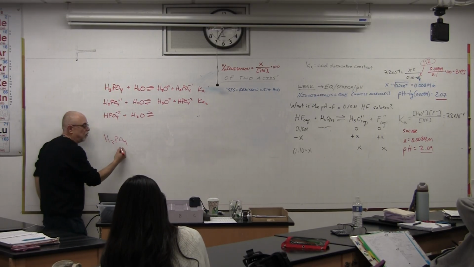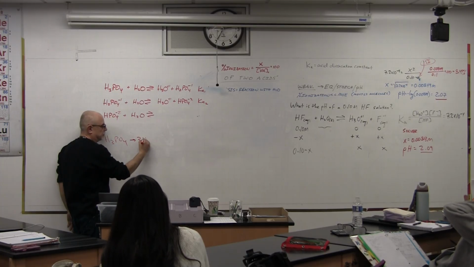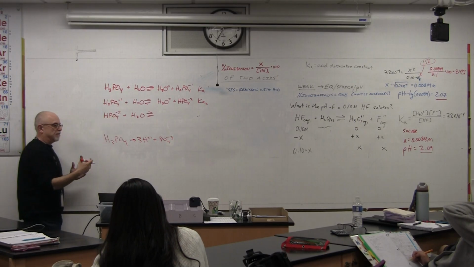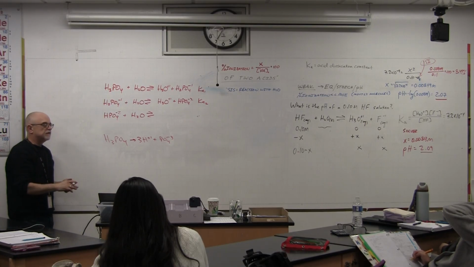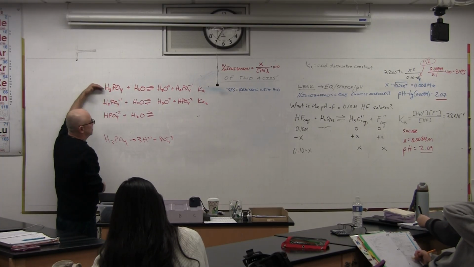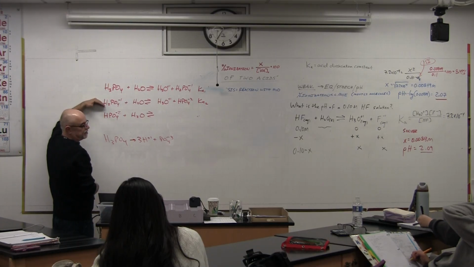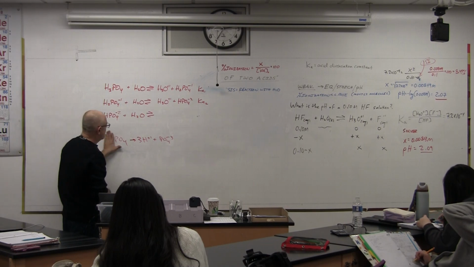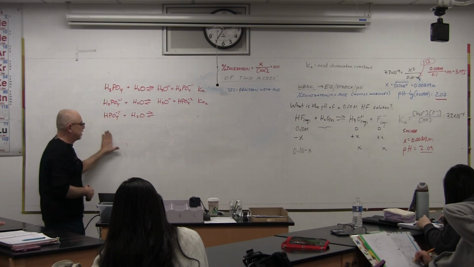But what we don't write is something like this. Because what this implies is that they all just come off at once, equally, and that's just not true. You're going to get some percentage of these, significant, and then you're going to get a tiny, tiny fraction of these doing it, and an even smaller fraction of these going through the process. But it's just understood, as you're going to see later when we look at titration curves.